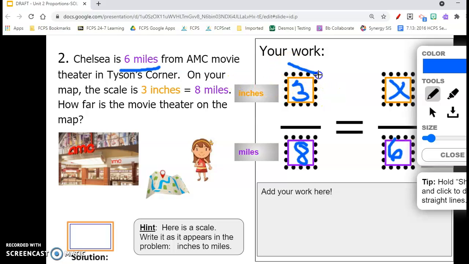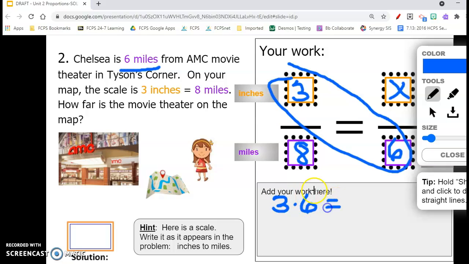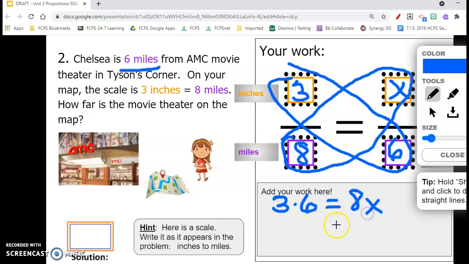I'm just going to cross multiply, do my butterfly wings. As I circle it, I make sure 3 times X, and 3 times 6, and circle my other sides. That is 8 times X. Okay, 3 times 6 is 18, and I have 8X.